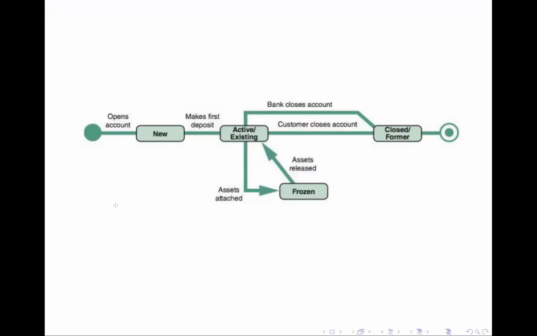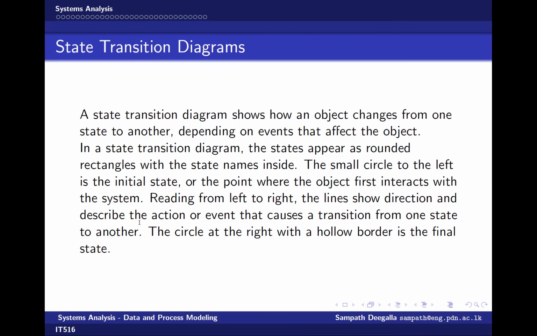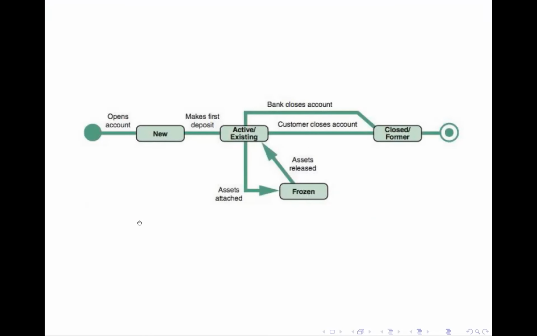Now, for example, this state transition diagram shows the different states of opening an account. When you open an account, this is the start. It will be a new account, right? You just created it. Once you make some deposit, it changes the state from new to active or existing. Then sometimes it goes into a frozen state, sometimes when you're not using it, or sometimes if the government wants to hold it.